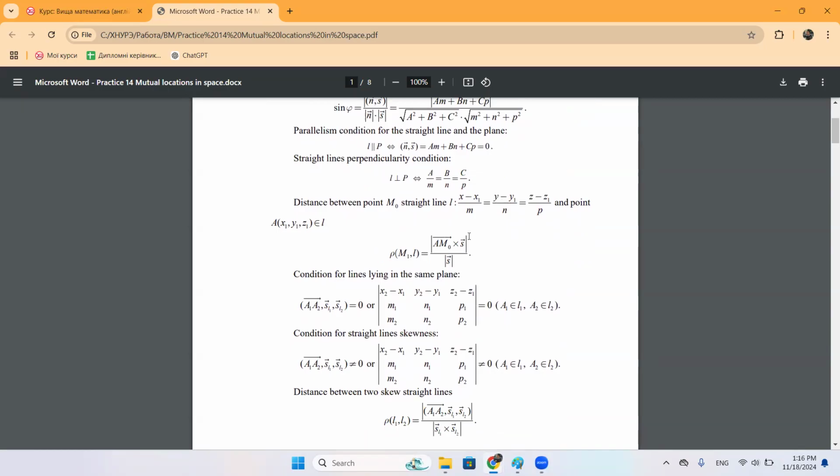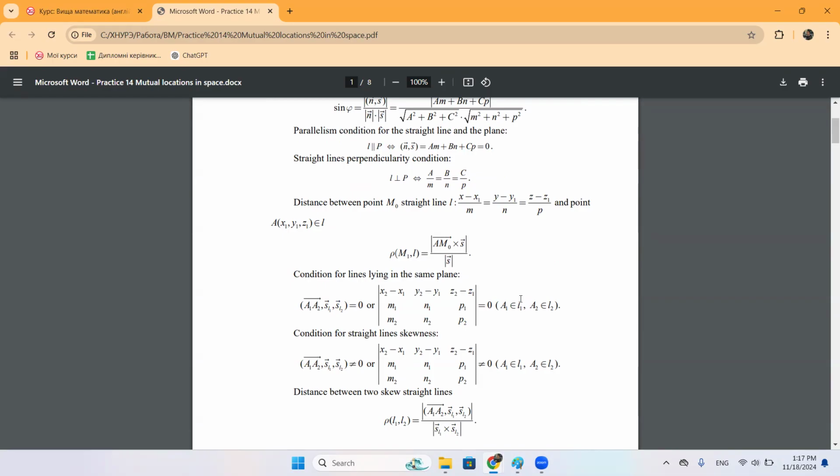This is the formula of distance between a point and a straight line. Here is point A that belongs to straight line L, and point M does not belong to the straight line, of course. So how to get the distance?